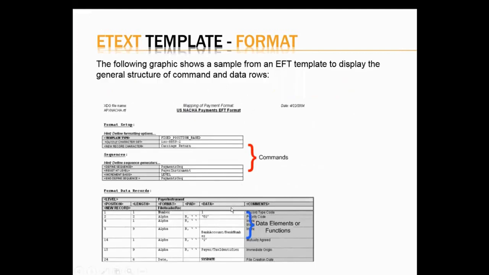Okay, so this is the typical format. How does it look? As I said, it is a table. Each table represents a record, each row represents a field, and at the table level we can define the columns, where we can specify position, length, format, data, like that. We can also give commands, like what format of data, whether fixed position based or delimiter based, and what character set the data is going to have.